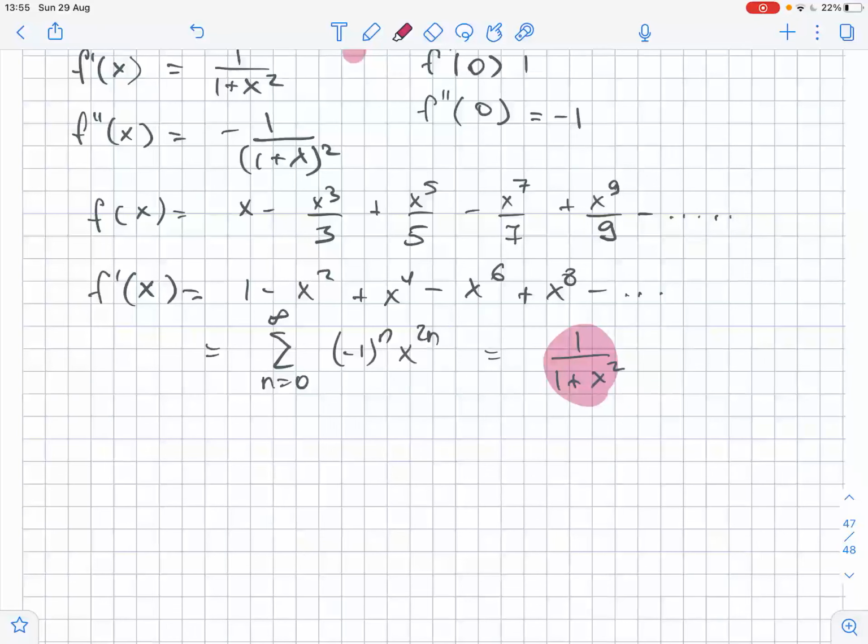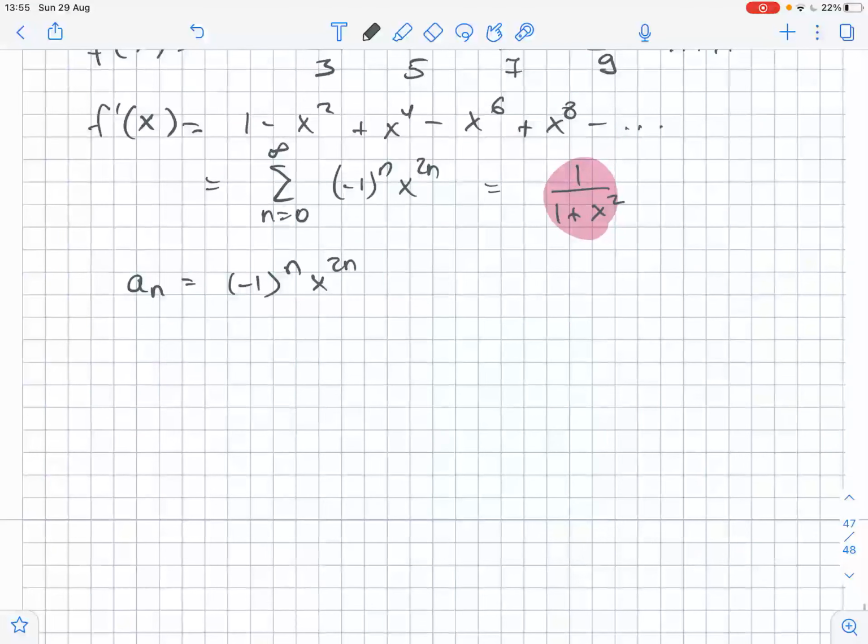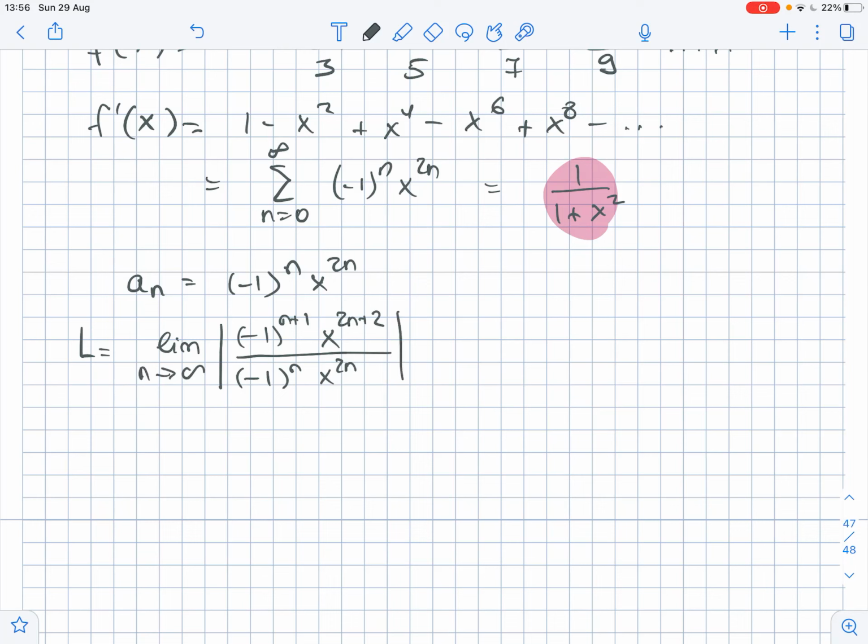Well, now when we know f prime of x, we see that the nth term here, a_n, equals negative 1 to the power of n times x to the power of 2n. We will use the ratio test, so L equals the limit of the absolute value of negative 1 to the power of n plus 1 times x to the power of 2n plus 2 divided by negative 1 to the power of n times x to the power of 2n, where n approaches infinity.